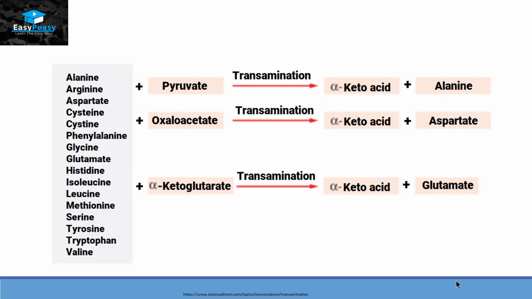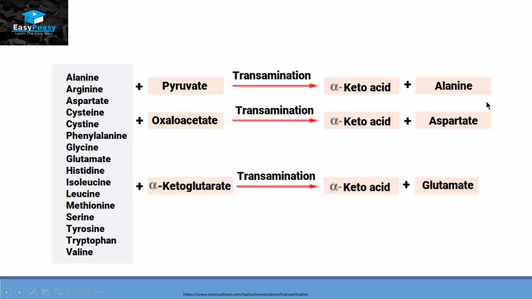Okay, now almost all amino acids turn themselves into 3 major amino acids. All the amino acids present in our body use these alpha keto acids and convert themselves into basically alanine, aspartate, and glutamate.